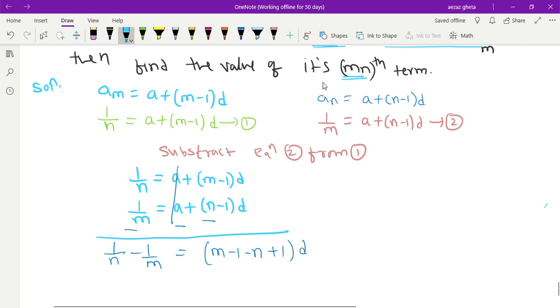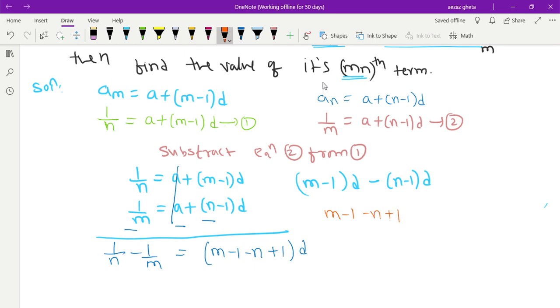So we have subtracted this: (m minus 1) of d and minus (n minus 1) of d. Then we have taken d common: m minus 1 minus n, minus into minus is plus, this is d common. Hope you understood, right?